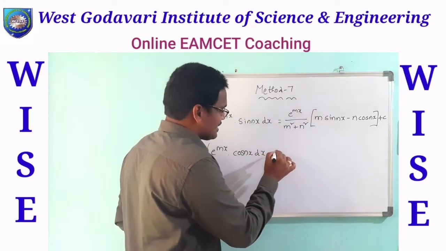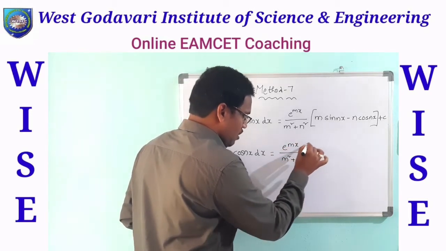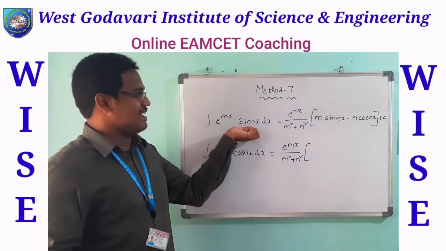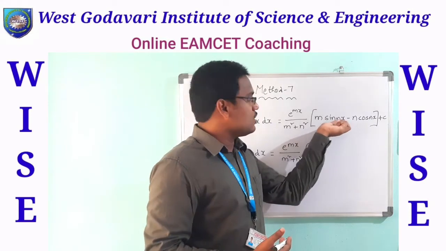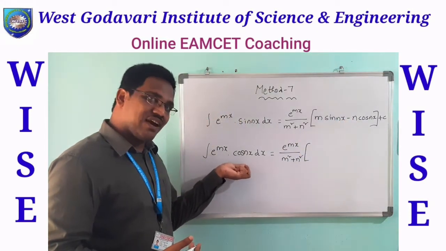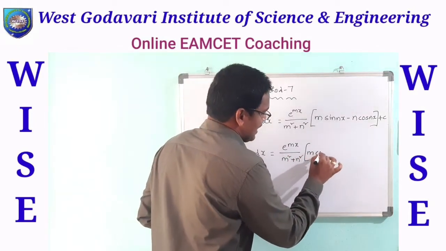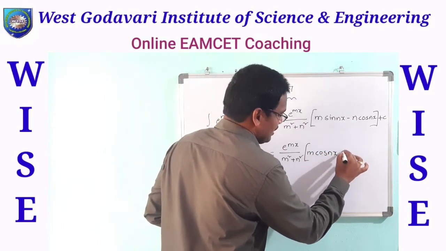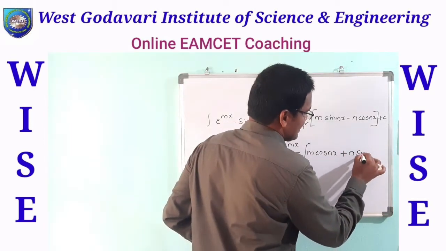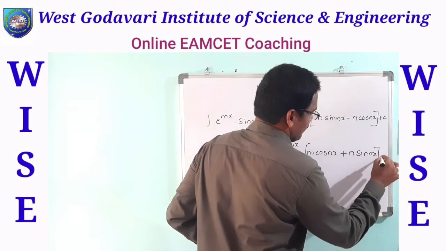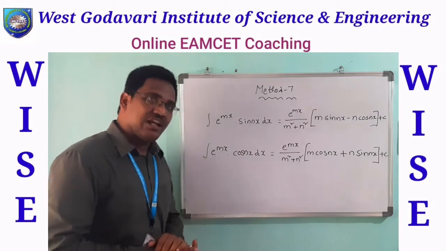Now coming to this result, the result is given by e power mx by m square plus n square, of m into cos nx plus n sin nx, plus c. Here it is cos nx, that's why the cos nx term comes as the first term, and the signs are also different. Here it is plus. So the results of these two integrations are very different from each other.